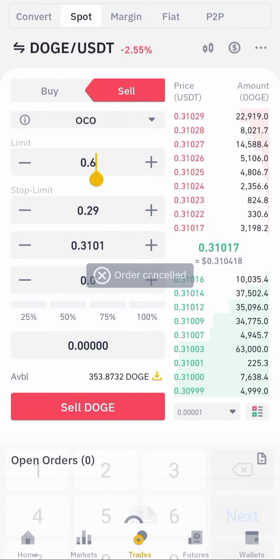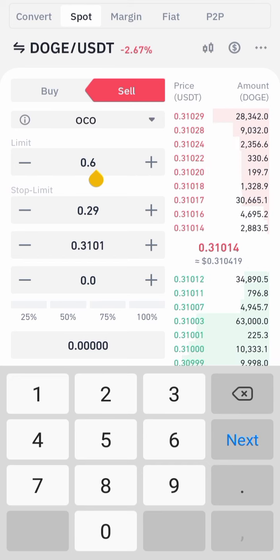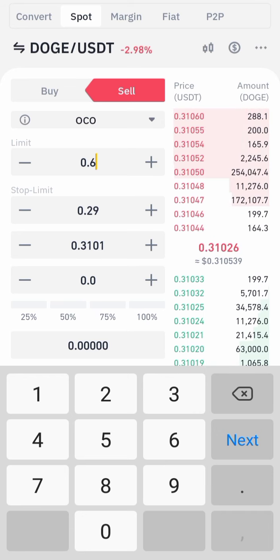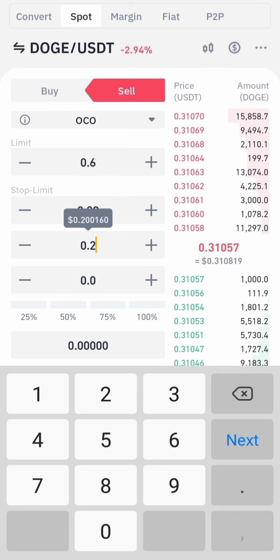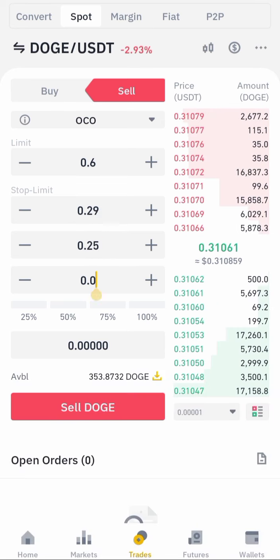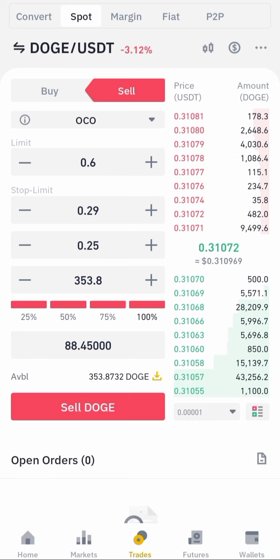So we want to take profit from our Doge. If Doge eventually goes up to $0.6, and our stop limit is 0.29 and 0.25, okay, 100%. So this is one cancels the other.